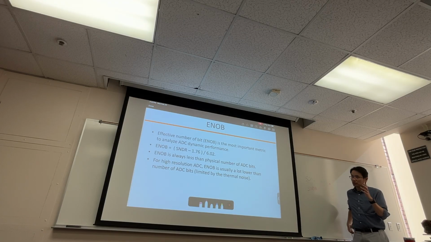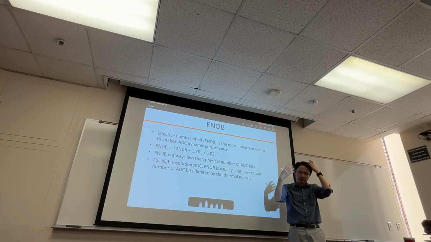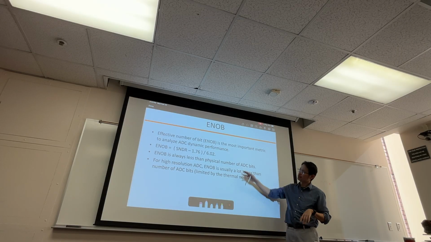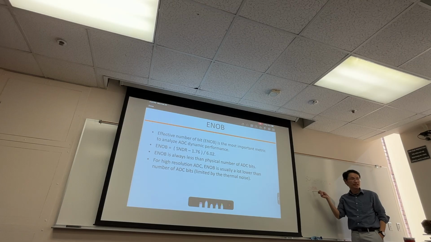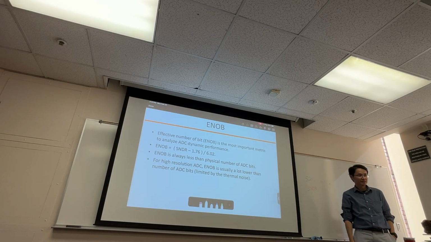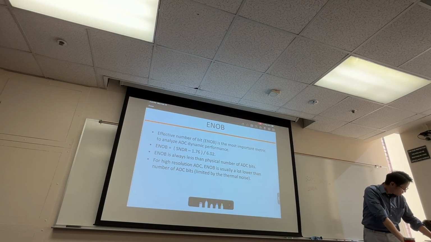So when people ask how many bits of ADC you designed, the next question they almost always ask is, tell me what's the effective number of bits, because what they care about is how good an ADC you actually designed. It's not just the quantization noise, but also all the noise and distortion that you created.